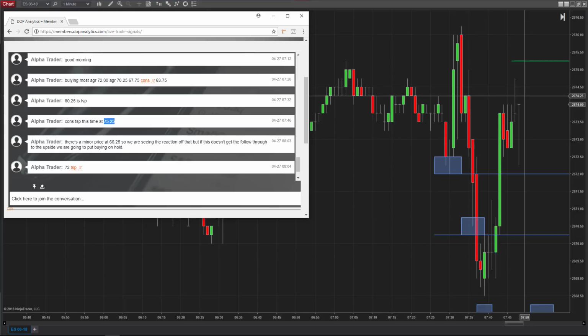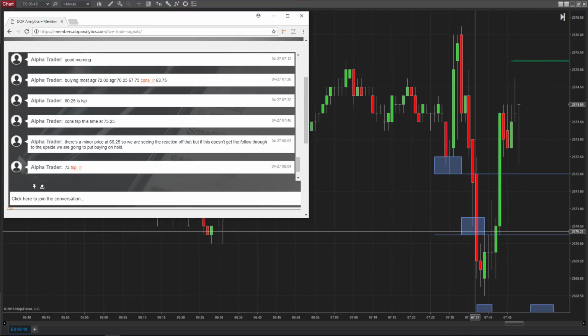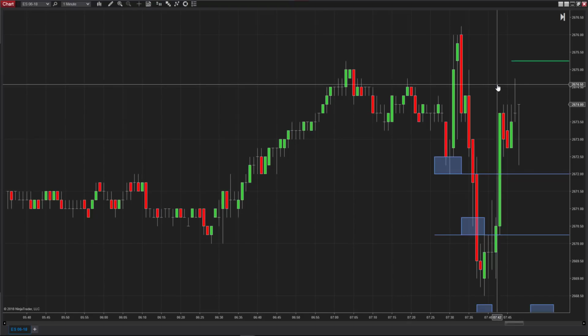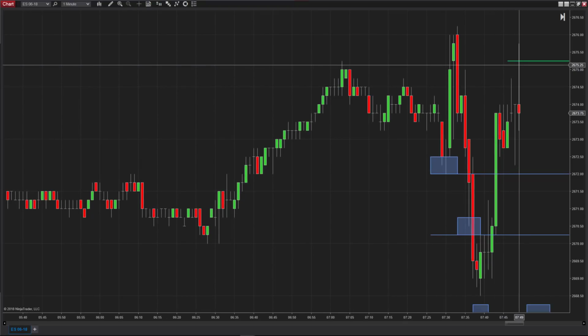Obviously we're anticipating this going higher. Does it mean it will go higher? No, but we're anticipating that. But you have to realize we are now in from somewhere between 70.25 and 70.75. So this is a 5-point exit from this trade right here. As the market is developing, we get out of that trade at 7:49.